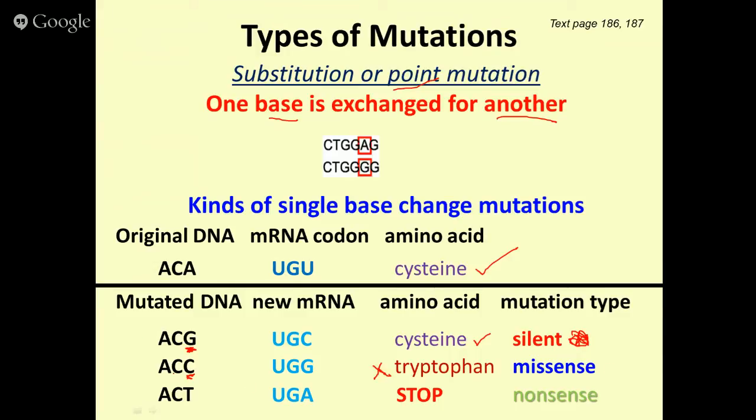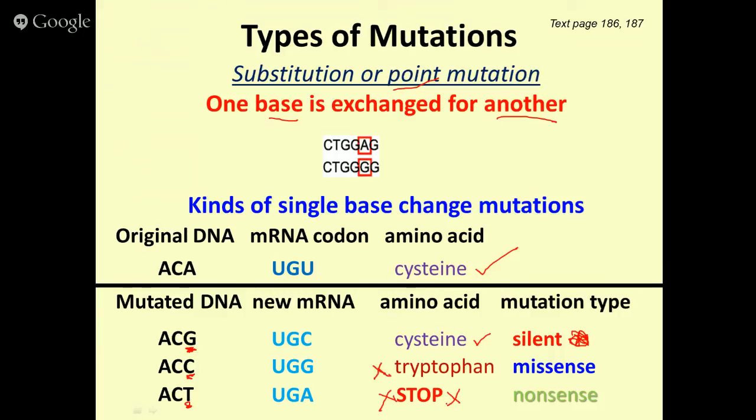And then the third type of mutation here is we've switched the last letter to a T this time. So then when you create the messenger RNA from this message, you get UGA. And remember, this is one of our stop codons. So remember, the stop codon tells the ribosome when it's reached the end of the messenger RNA strand.